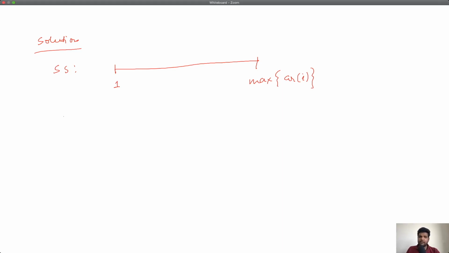For that, I told you the predicate that you can use is the sum of the numbers less than or equal to threshold. If you use this predicate, this will be true for all the numbers starting from the smallest divisor, and it will be false for everything smaller than the smallest divisor. And you are looking for the first true. So this is your solution.